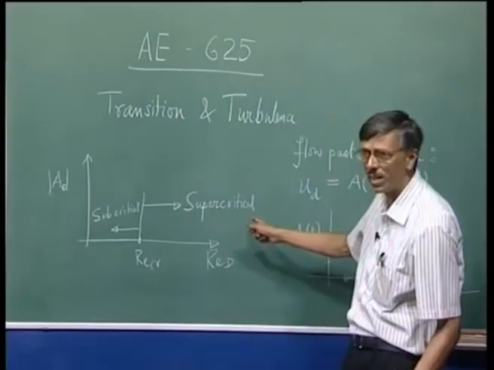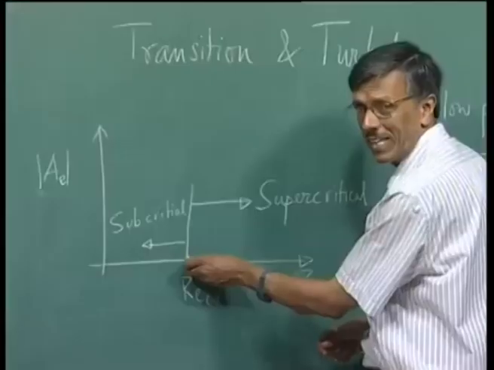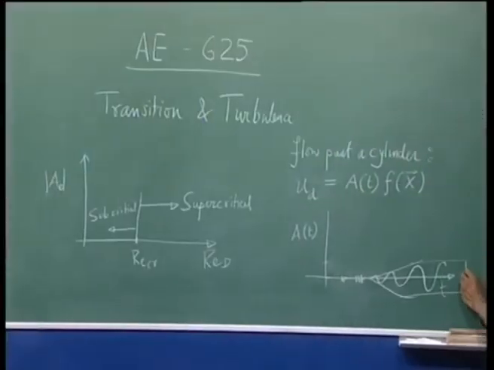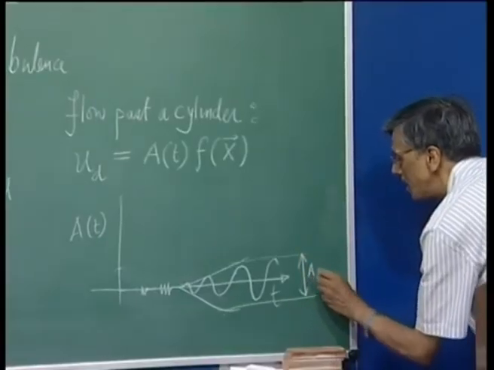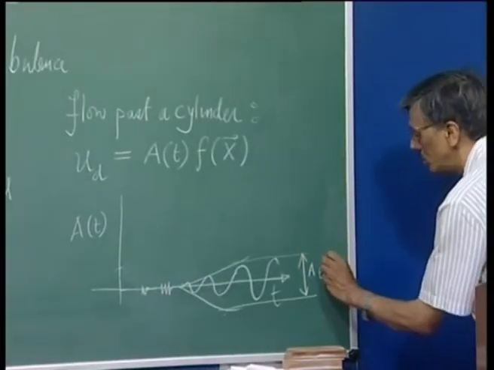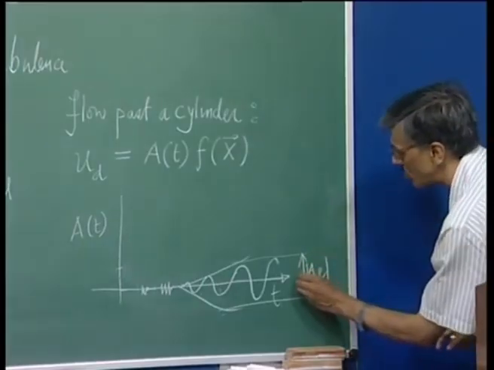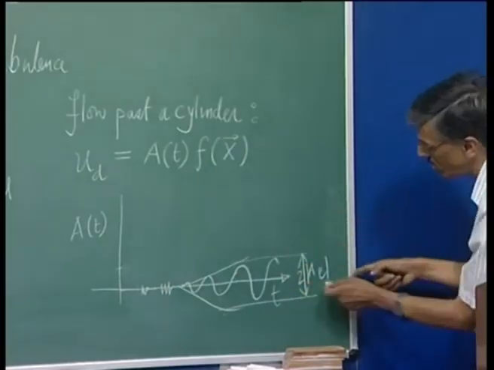So, in the supercritical case, you are going to see that starting from Re critical, this is your equilibrium state. So, this is my A_E that we are talking about. This is that A_E, the amplitude, it is 2 times A_E, right. It is a periodic oscillation. So, it is 2 times A_E.